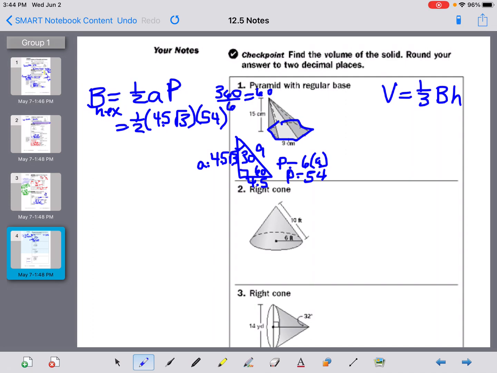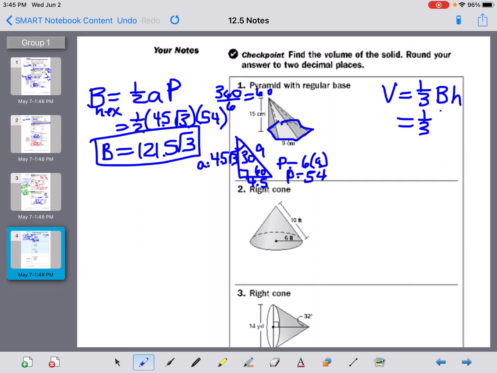If I do 1/2 times 4.5 times 54, I'm going to get 121.5 radical 3 for my big B. So I'm going to hold that on the side. Actually, I don't need to. I'm ready to go plug and chug.